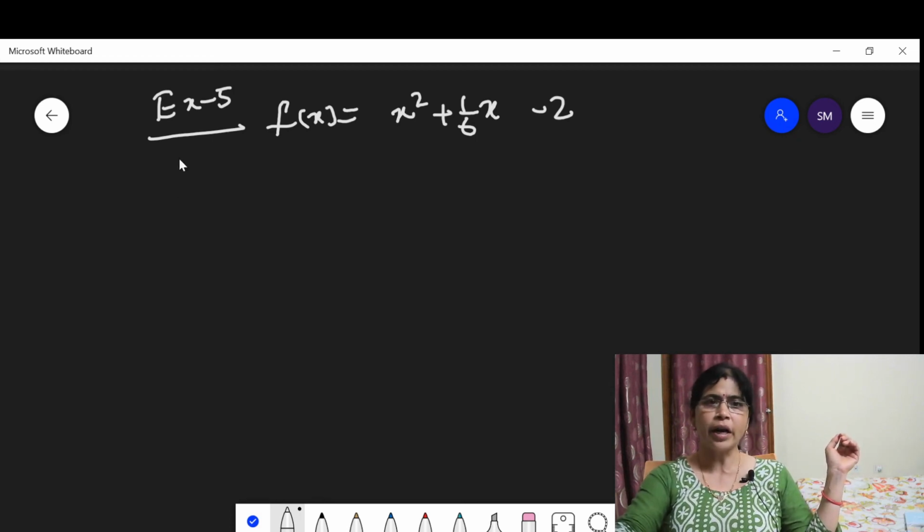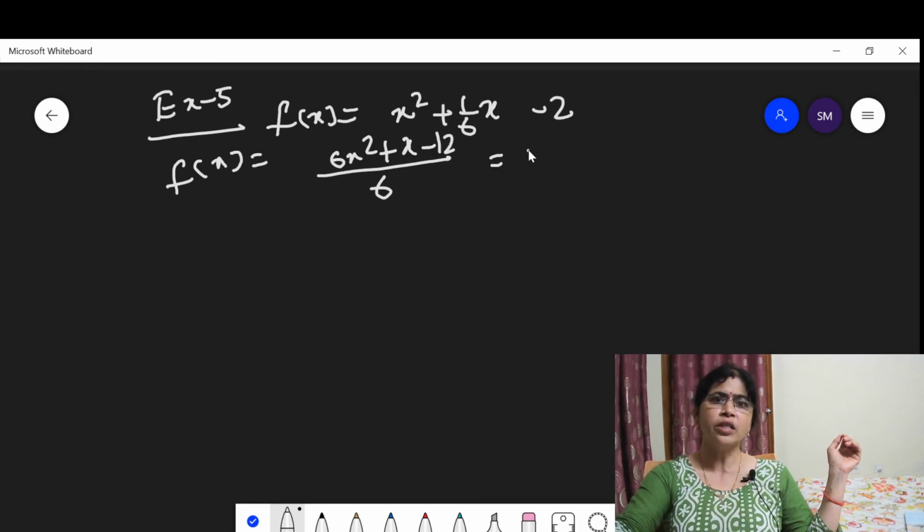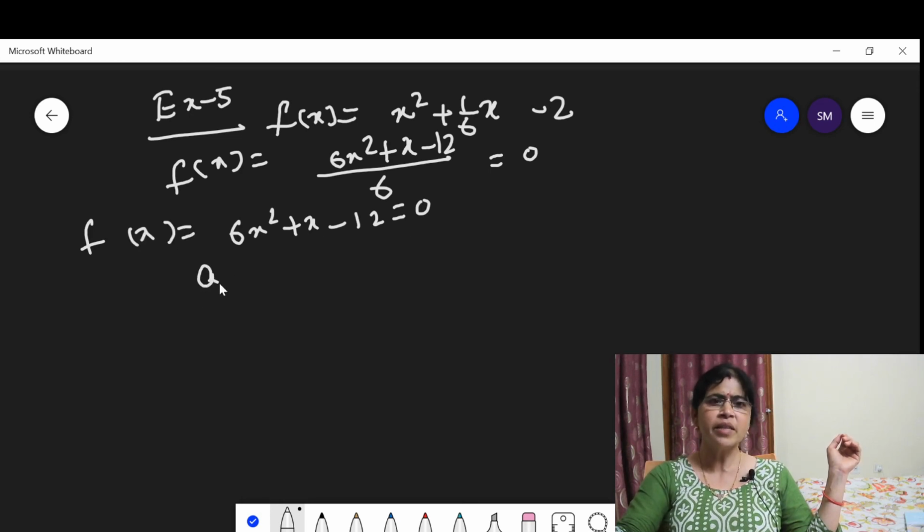Let us take f of x equal to, taking 6 as the LCM, 6x square plus x minus 12, which is equal to 0. This means here A is equal to 6, B is equal to 1 and C is equal to minus 12.